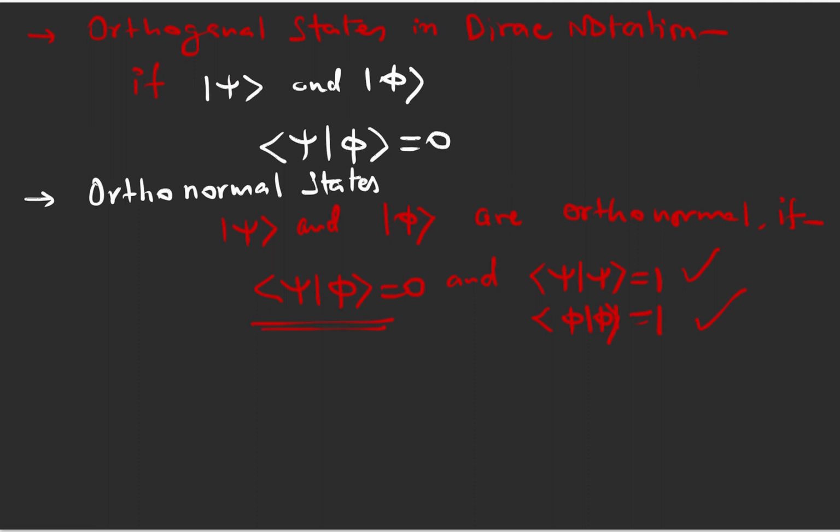Physical meaning of the scalar product. So what is the physical meaning of the scalar product? The scalar product can be interpreted in two ways.